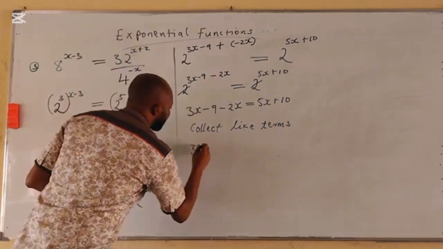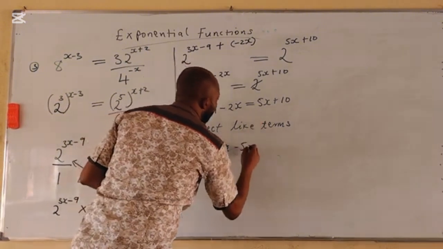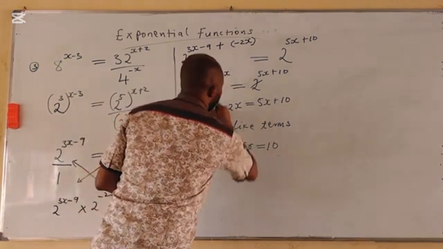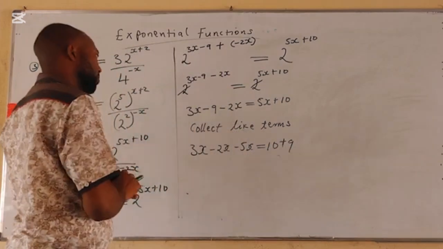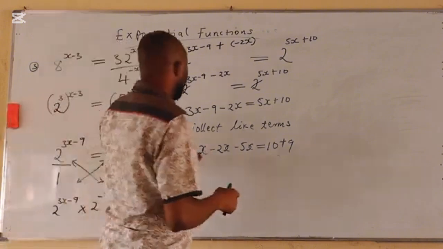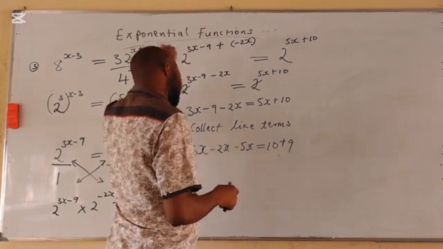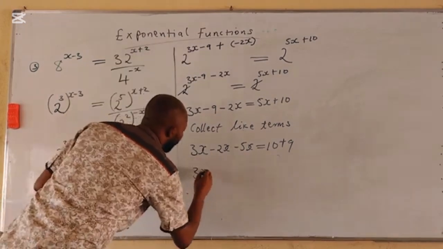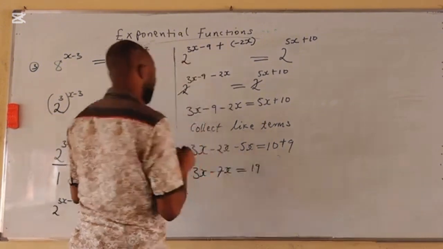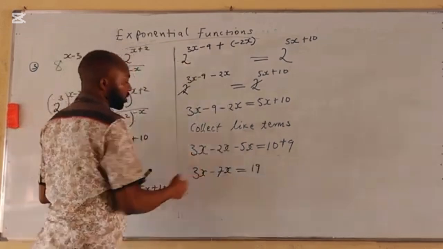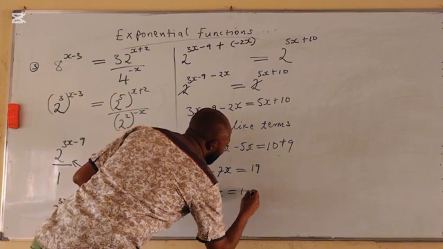This is 3x minus 2x minus 5x is equal to 10 plus 9. 3x minus 2x minus 5x is minus 7x. So 3x minus 7x is equal to 19. 3x minus 7x is minus 4x. Minus 4x is equal to 19.